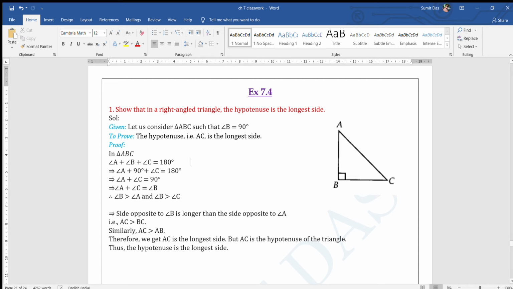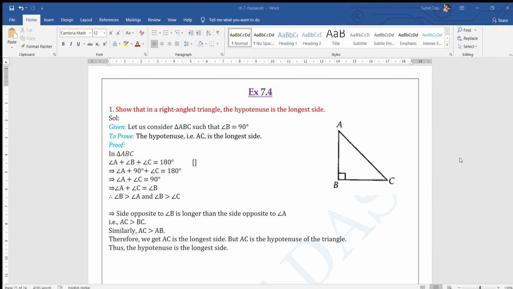By which theorem or property can you say angle A plus angle B plus angle C is 180 degrees? Reply to me in the chat box.